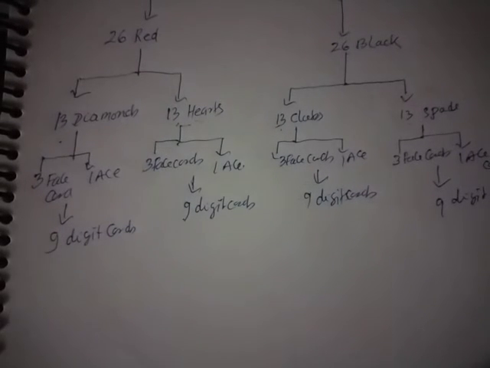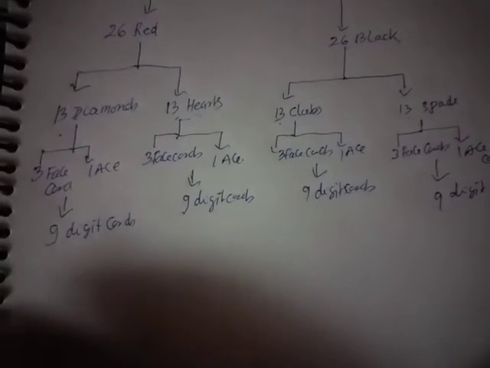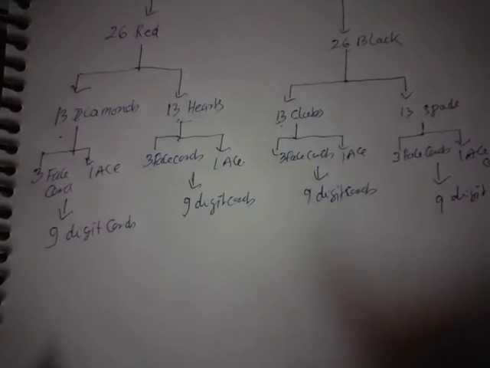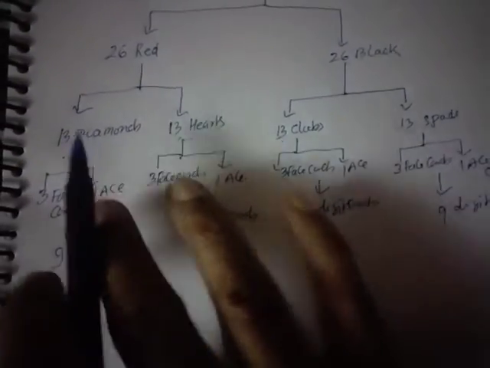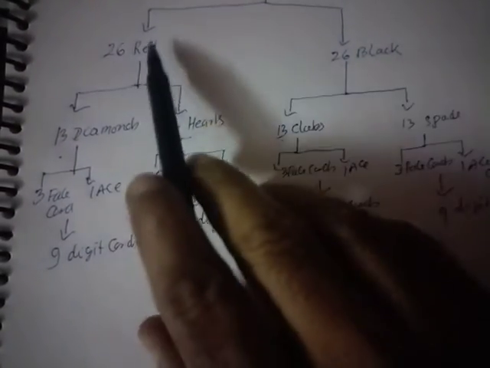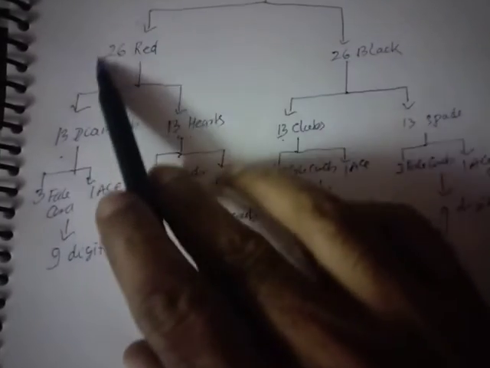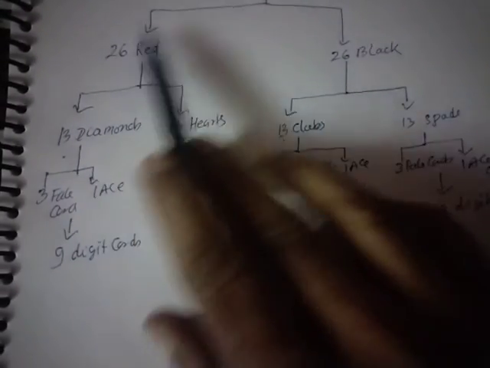I hope you have understood the types of cards out of 52. Suppose a question is there: you have to find the probability of only a red card out of 52.